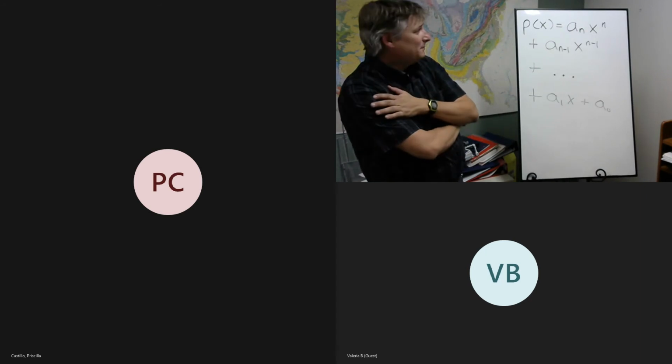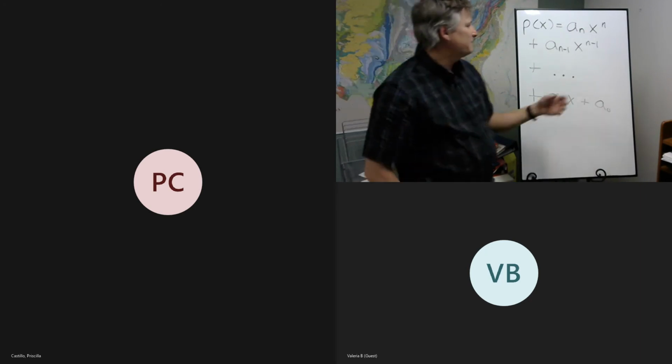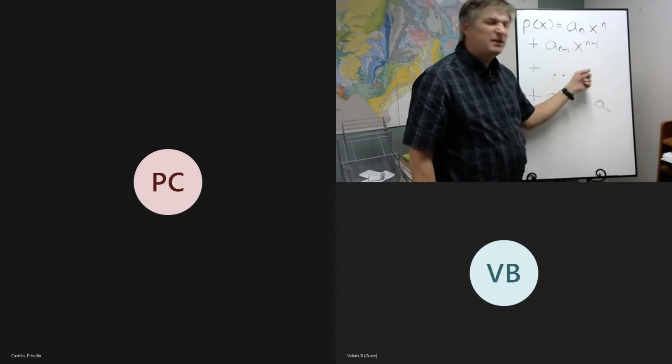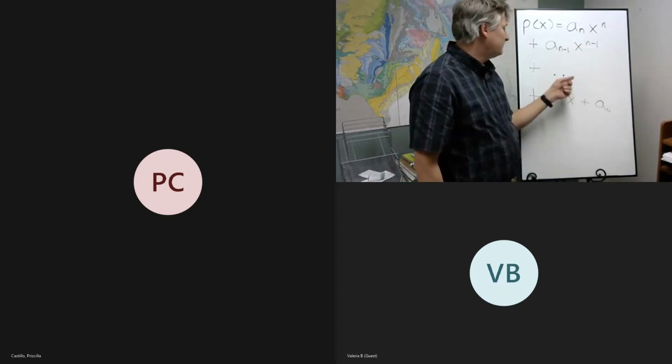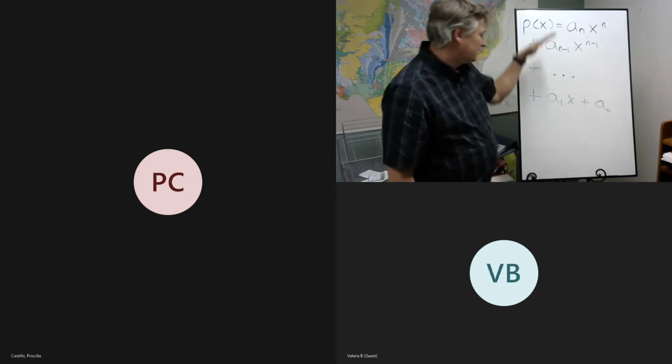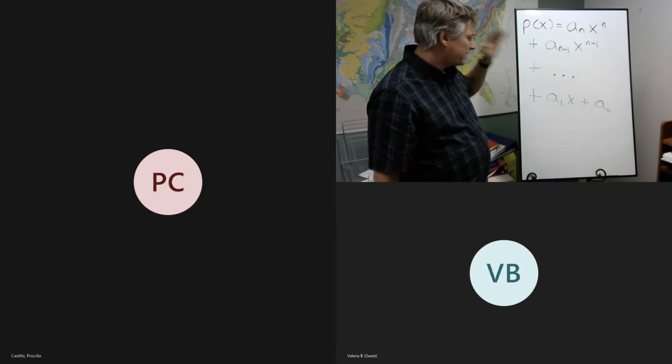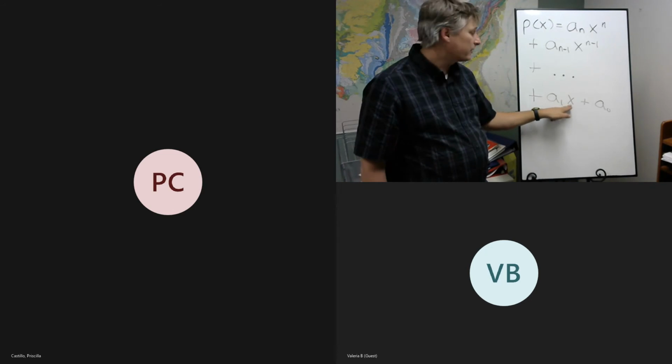So what you have is x to the nth power, x to the n minus 1, x to the n minus 2, x to the n minus 3, and you keep going down till you get x cubed, x squared, x to the first power.